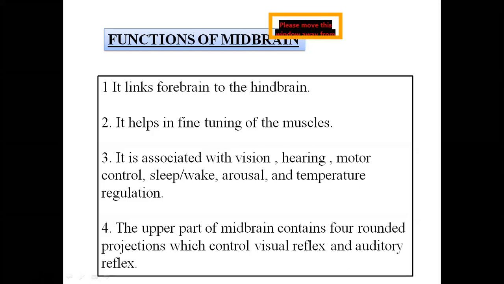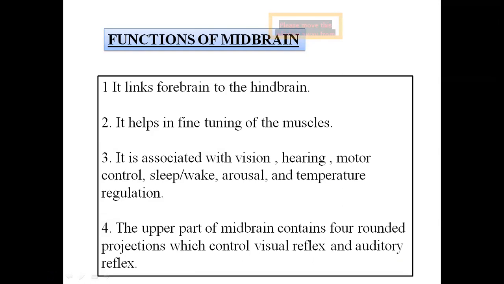Arousal means when we will sleep and when we will wake. Some people, even if they plan to sleep late into the morning, can hardly do it, because it is a kind of biological clock working in our body, which helps maintain a proper sleep and wake pattern, and it is mainly done by the midbrain.